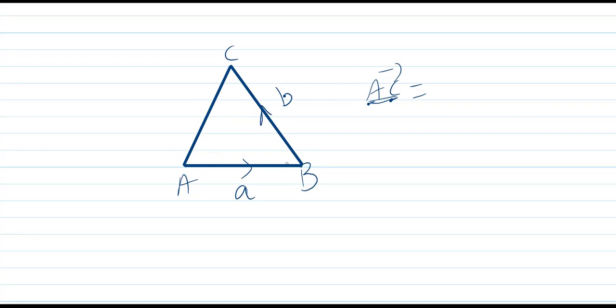You will choose the indirect way, so you will say this is AB plus BC. Now, AB is A and BC is B.